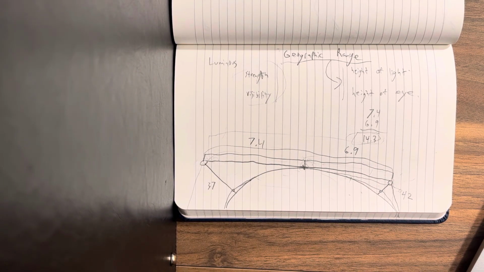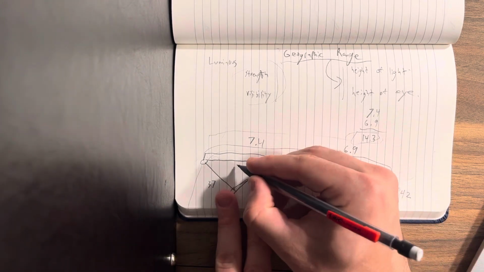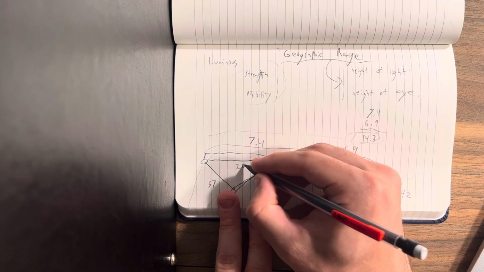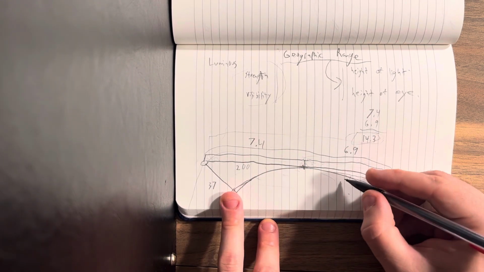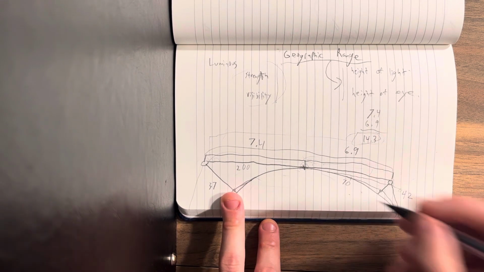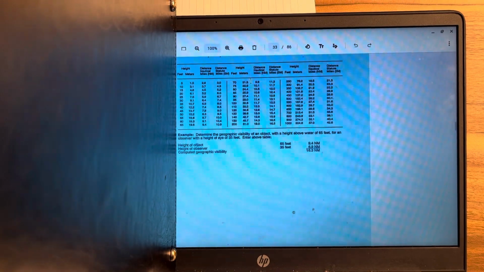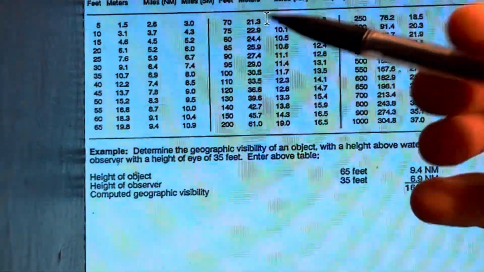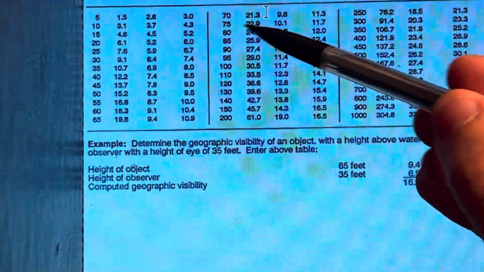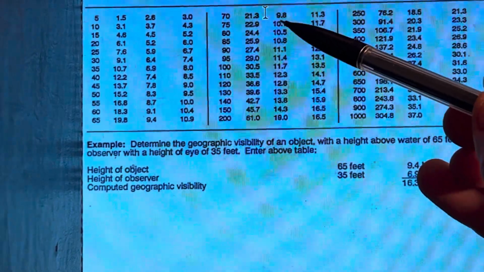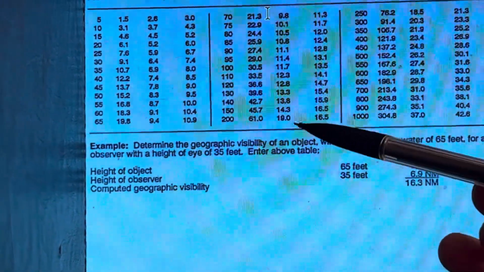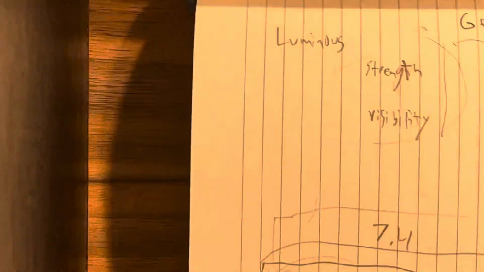If we take another example, let's go with something really big. So let's say this is 200 feet, and you are 70 feet. So you come back to the table. I move to the next section over, because that's where we get to the higher numbers. 70 feet gives us a range of 9.6 miles. 200 feet gives us a range of 19 miles.